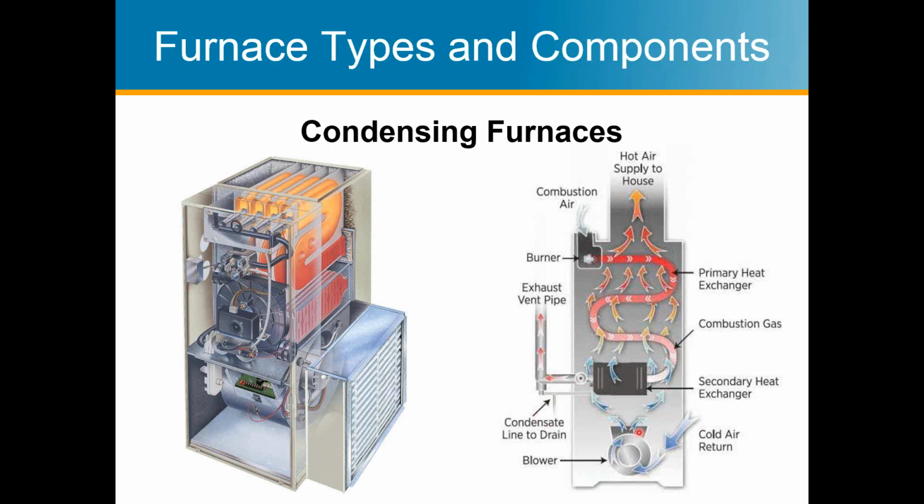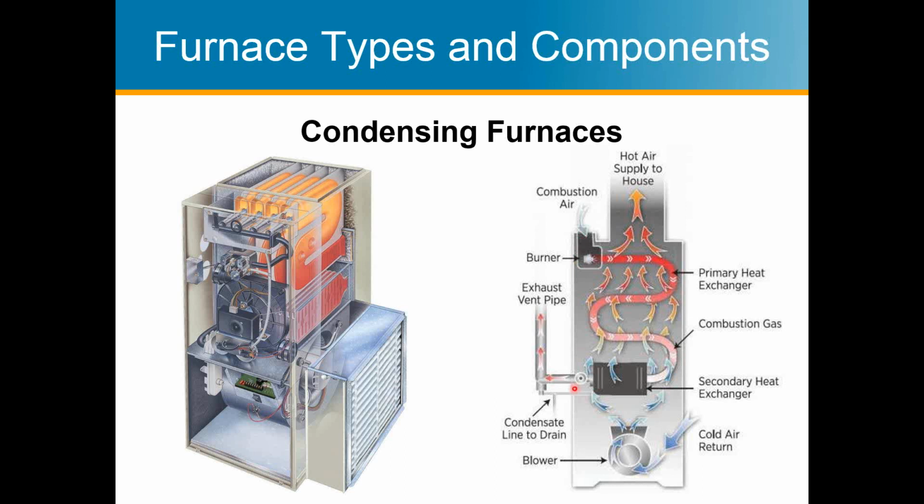So again, this is the blower motor, the return. The blower motor's down here. The air goes across the heat exchanger and then back to the house. In the combustion process, what's unique here with condensing furnaces is the heat exchanger operates backwards.